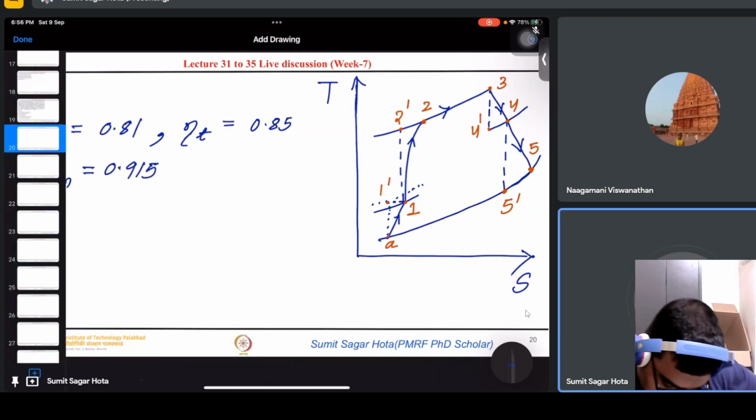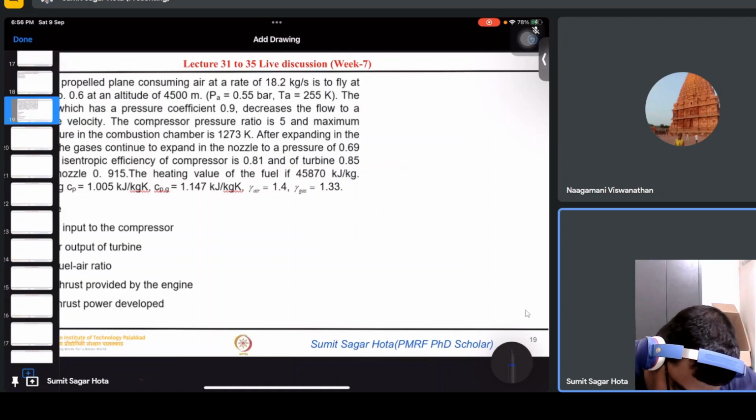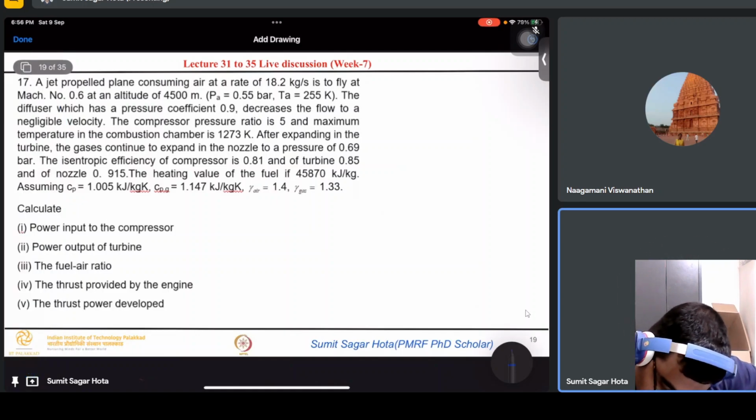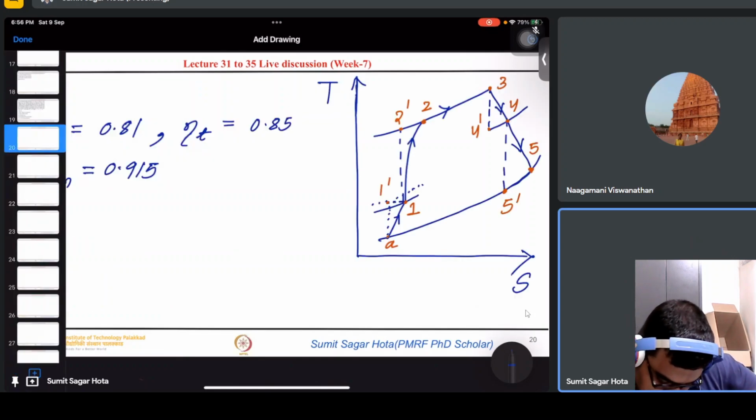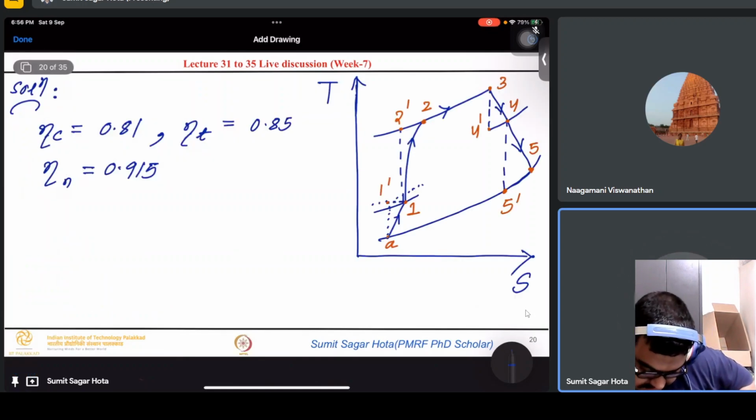Actually these values are given here. See, compressor 0.81, turbine 0.85, nozzle 0.915. So I just substitute everything here.